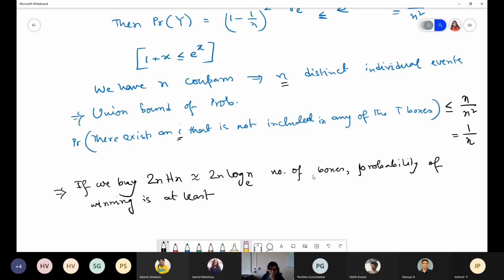This is the probability of failure. 1 minus 1 by n. Yeah, exactly. So this is the probability of failure.